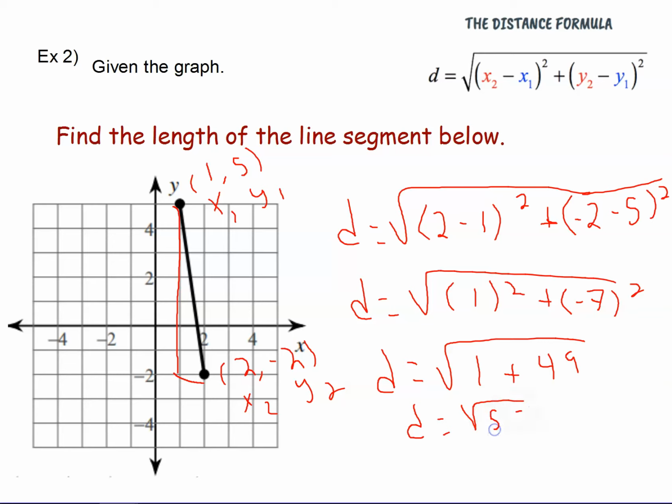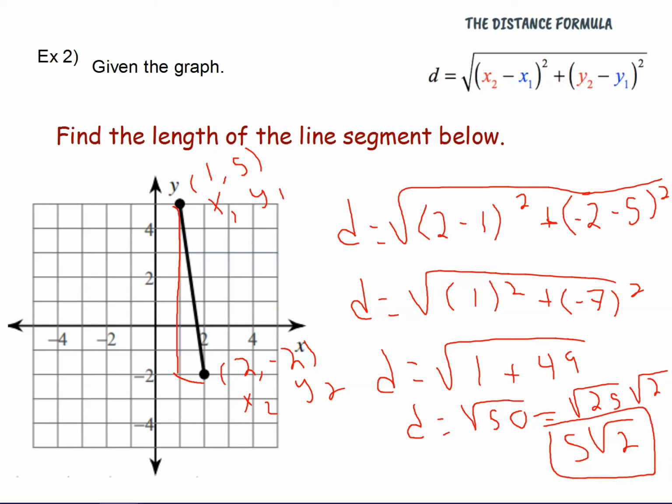All right, a perfect square does go into 50, right? Because it's a multiple of 25. So I can rewrite this as the square root of 25 times the square root of 2. The square root of 25 is the number 5 because it's a perfect square. So it's 5 square root 2. And that would be my answer for that.